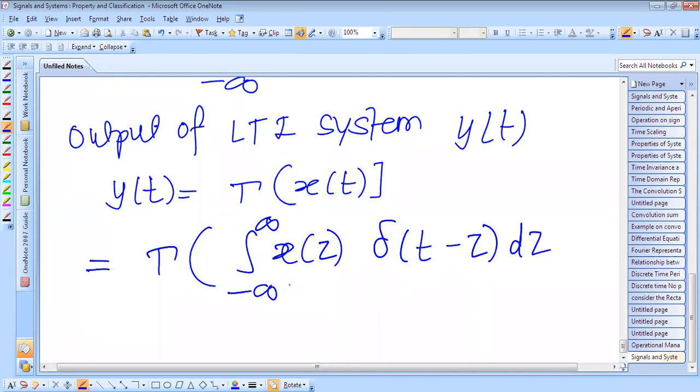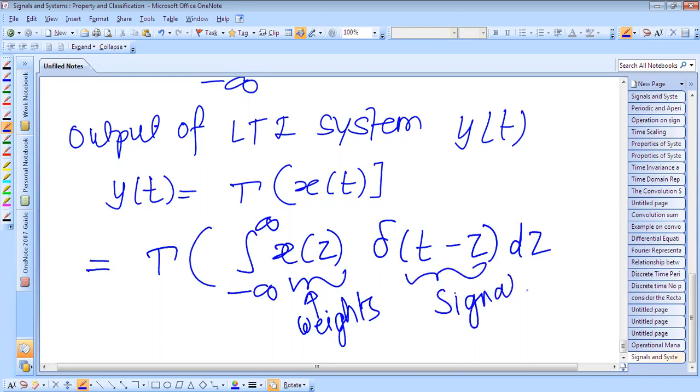So what is this? This is the weights, and this is the signal. Okay, so output of linear combination of outputs.